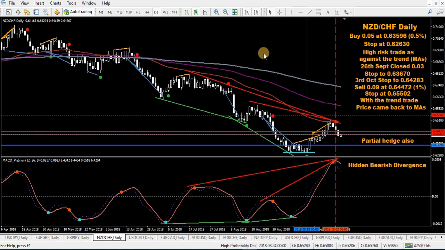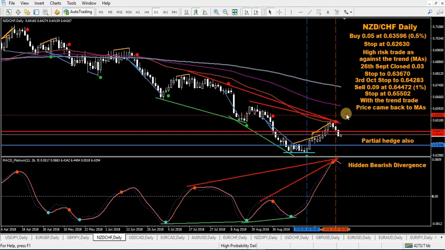New Zealand Swiss franc. I was in a buy back here a couple of weeks ago, or you can read my notes. If I talk too fast, you can slow the video down or just pause it and read my notes.